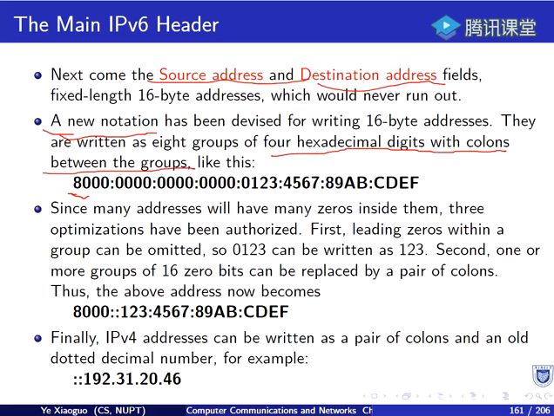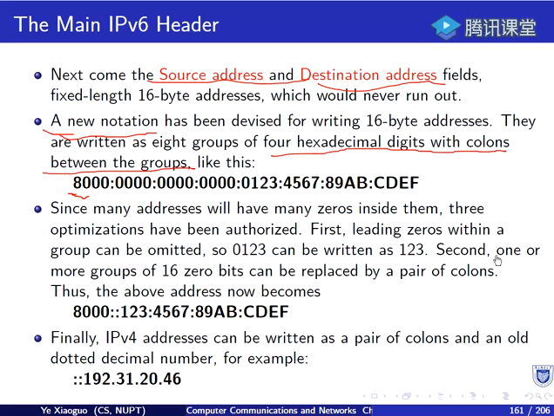Since many addresses will have many zeros inside them, 3 optimizations have been authorized. First, leading zeros within a group can be omitted. So 0123 can be written as 123.